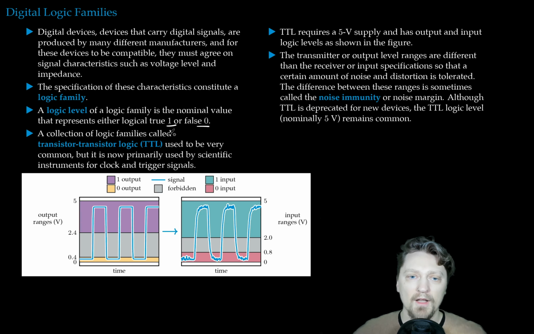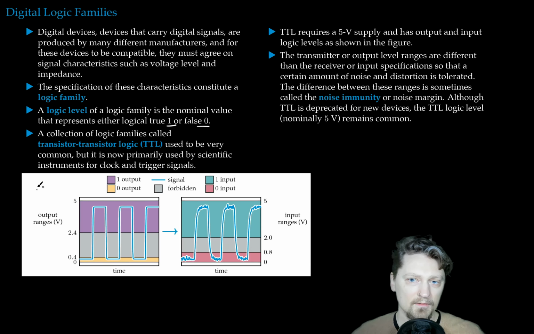A collection of logic families called transistor-transistor logic, TTL, used to be very common, but it is now primarily used by scientific instruments for clock and trigger signals. TTL requires a 5-volt supply and has output and input logic levels as shown in the figure.